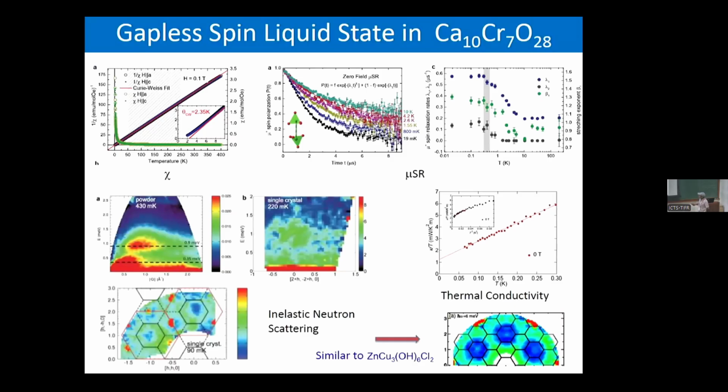I will talk about the structure within these bands later. So preliminary thermal conductivity measurements by Matsuda's group have actually shown that it extrapolates to some finite value at low temperature. So this may be a gapless state.